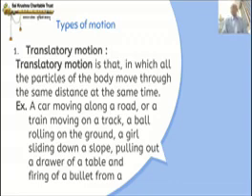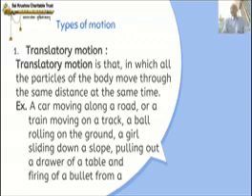So when the position of a body with respect to its surroundings changes with time, then we say that body is in a state of motion. And we also learned that rest and motion are relative to one another.